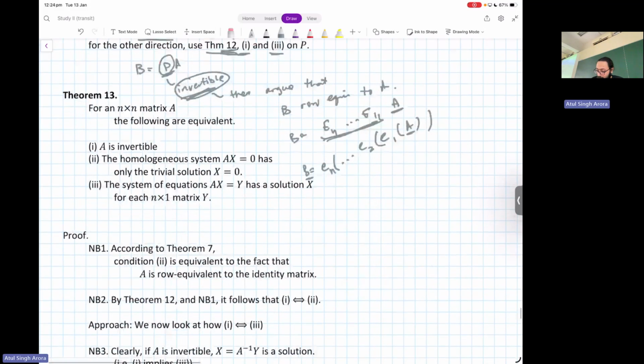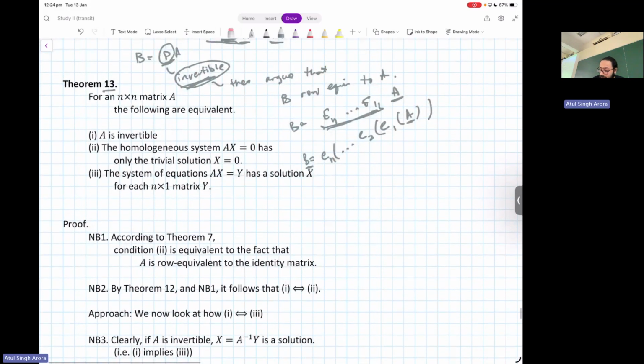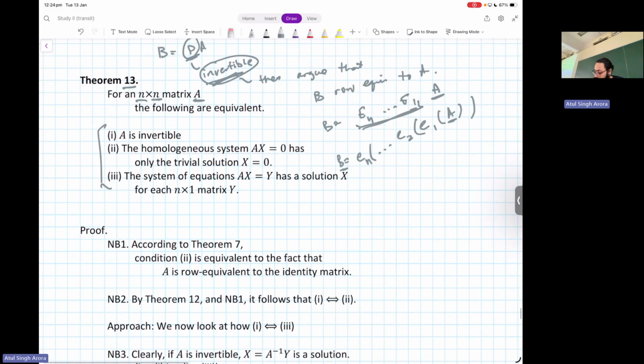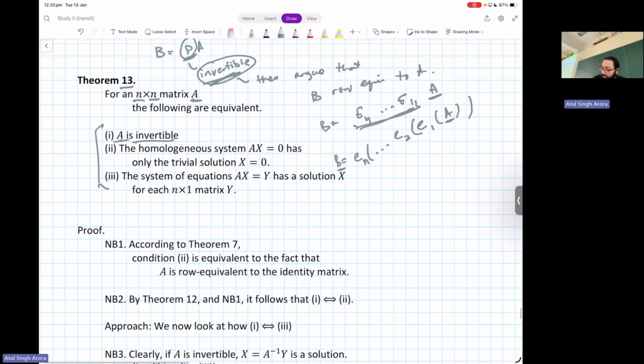Okay. So let's now look at theorem 13. Theorem 13 is saying the following. For an n cross n matrix capital A, the following three statements are equivalent. First, A is invertible. The second statement is that the homogeneous system Ax equal to 0 has only the trivial solution, x equal to 0.